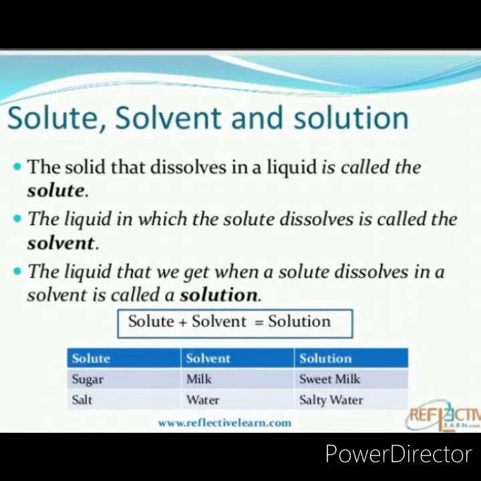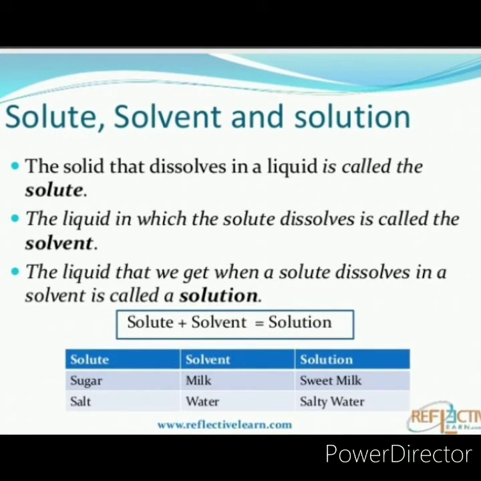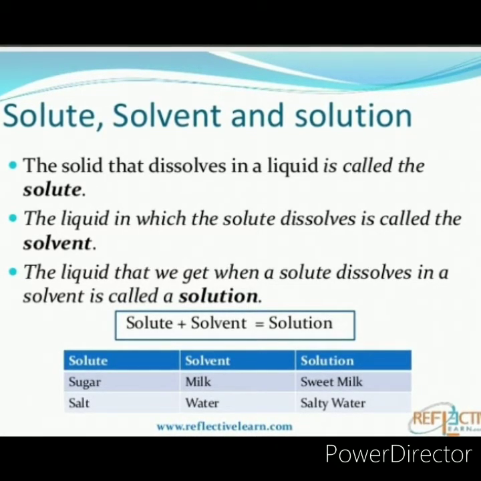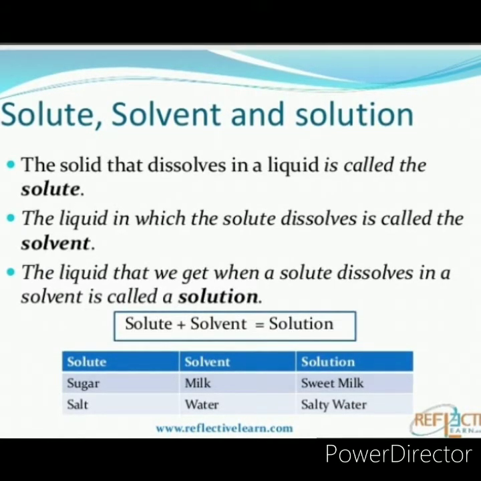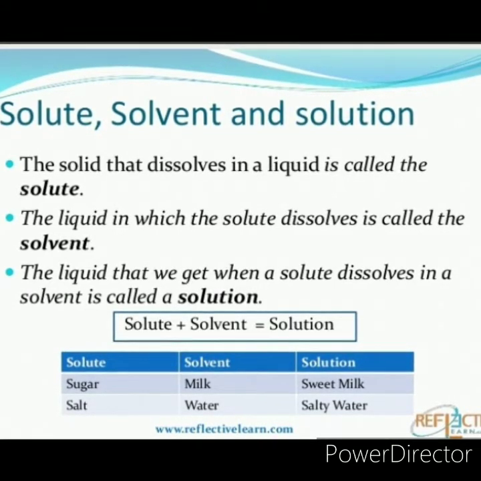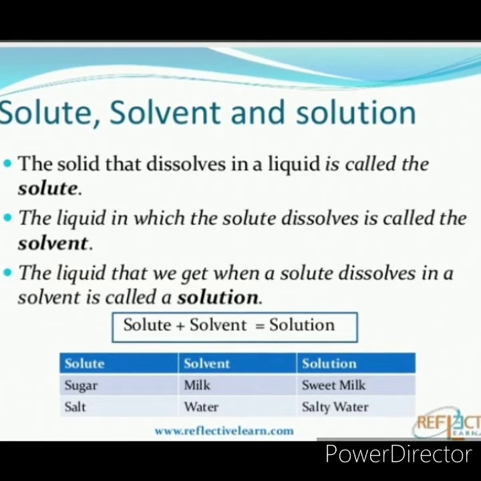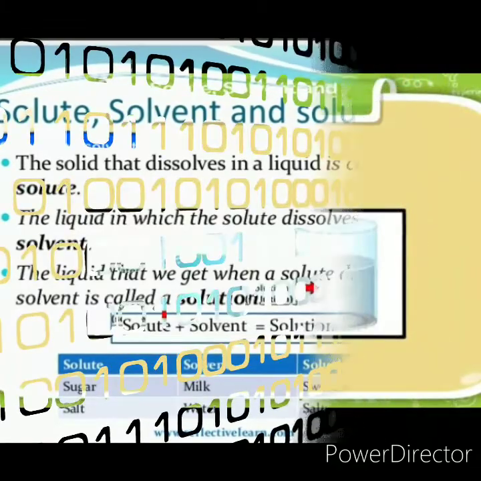For example, if you take a glass of water, water is the solvent, and you take 2 or 3 spoons of sugar or salt, that is known as the solute. And when you mix both the things, the obtained mixture is the solution. The sweet water or the salty water will be known as the solution.